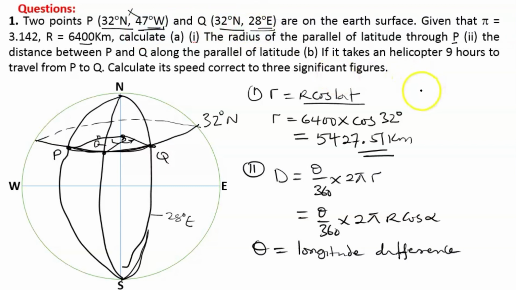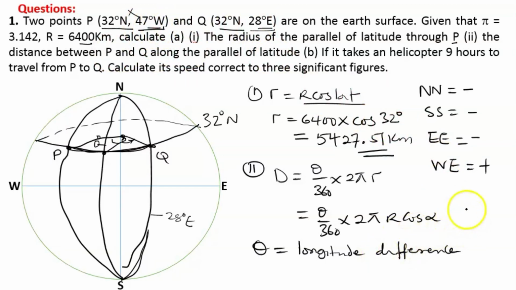Just like in the previous video, I told us that when the direction is the same, you subtract, but when the direction is different, we simply add. When we have east-west or west-east, you add them together. In this case, they are of different directions, one to the west, the other to the east, so we are simply going to add.